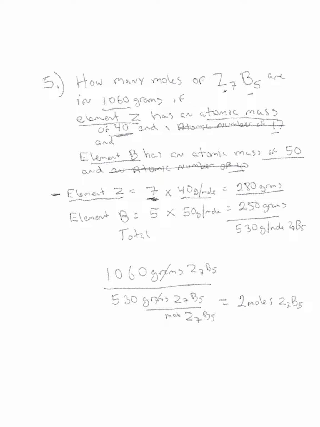And in element B, if I have 5 moles, I'm going to multiply times the molar mass, which is 50 grams per mole, and I'm going to get 250 grams. I add those together, and it's 530 grams per mole of Z7B5.